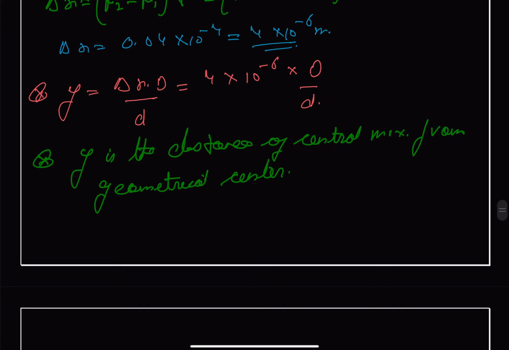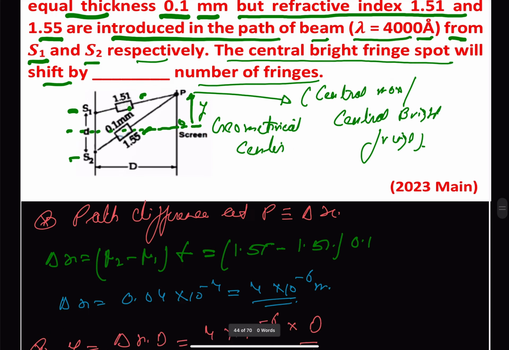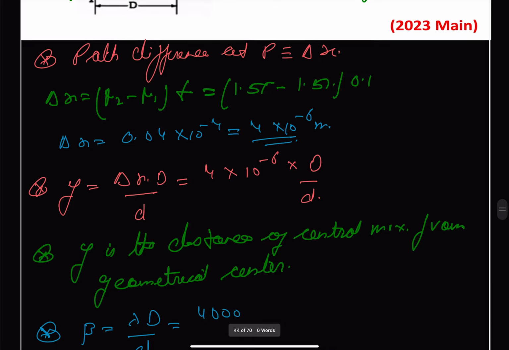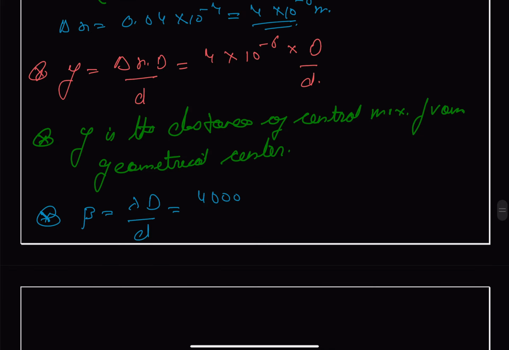Therefore, we can say our fringe width, that is beta, will be equal to lambda capital D divided by small d, and lambda we already know, that is 4000 angstrom, or we can write 4 into 10 to the power minus 7 capital D divided by small d.